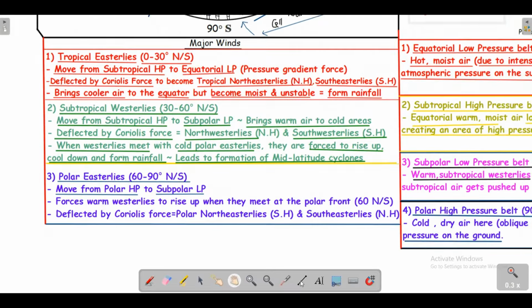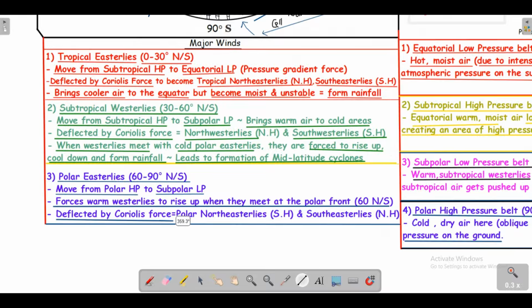And yes, these cold winds, remember they are coming from the polar high pressure, from the poles, so they are cold. These cold polar easterlies force the westerlies to rise up when they meet at the polar front at 60 degrees, as I did mention.